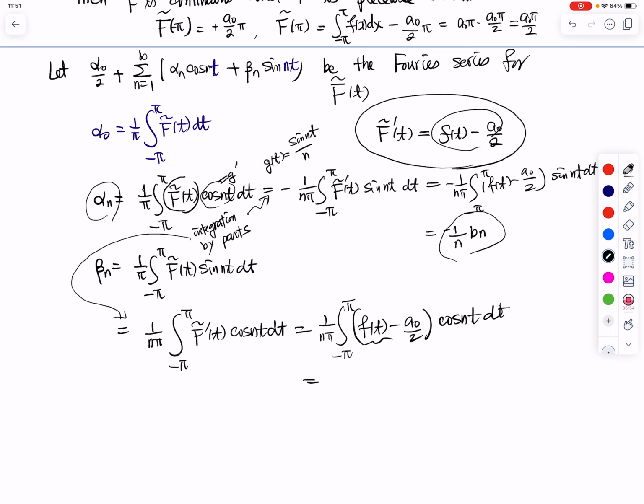And this one is just 1 over n times a n. So that's what we have. And then how about alpha 0? What was alpha 0? Let's see.